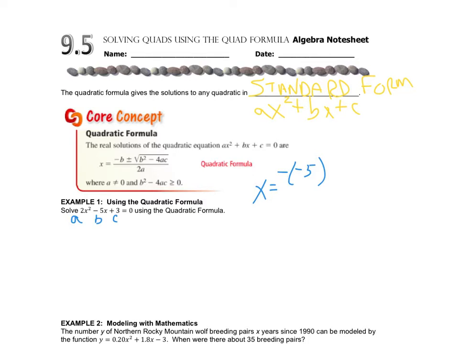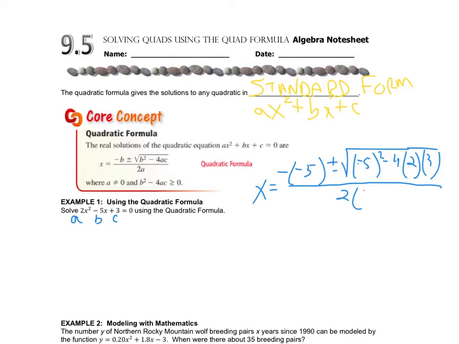Then plus or minus the square root of b, which is negative 5, squared, minus 4 times the a, which was 2, times c, which was 3. Then we're dividing that whole entire amount by 2 times the a, which was 2. So there it is plugged in. I would strongly suggest that you plug in the numbers before you try to do too much in your head. A lot of things can get lost at that point.